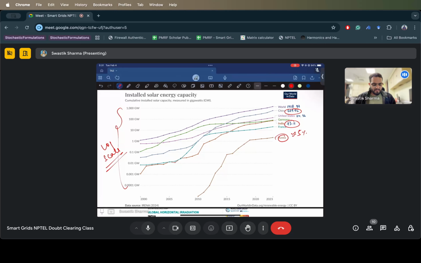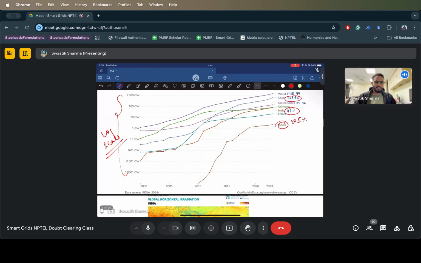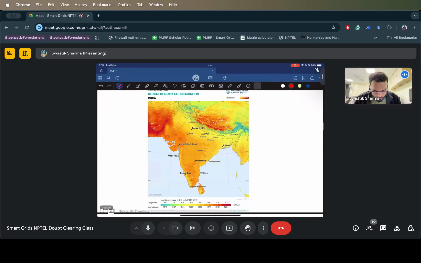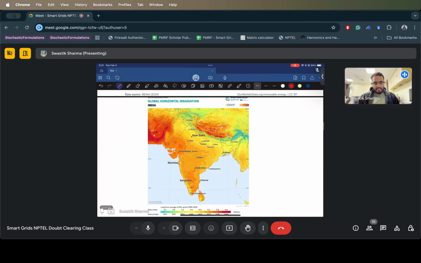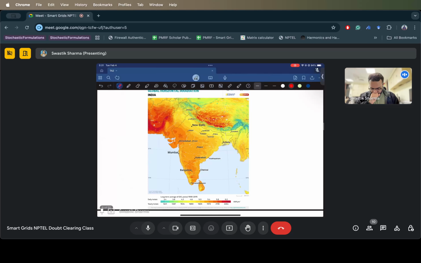So let's see where we'll be in the next 5 years. This is the global irradiation map for India. As you expect, your plains constitute most of the irradiation for you, right?